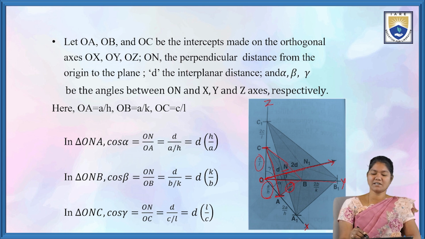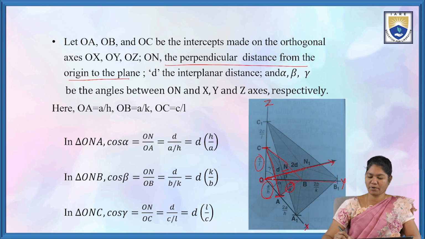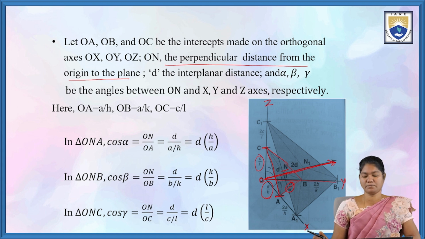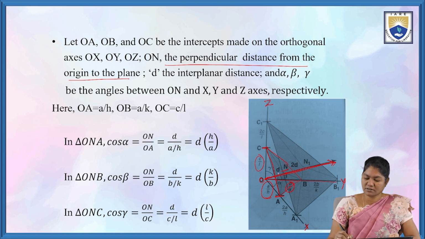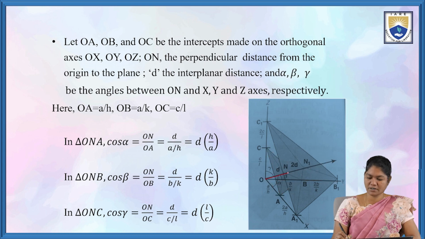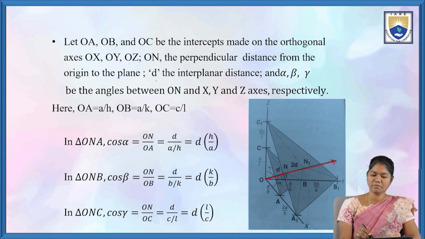ON is the perpendicular distance from the origin to the plane, so D is the interplanar distance, small d.